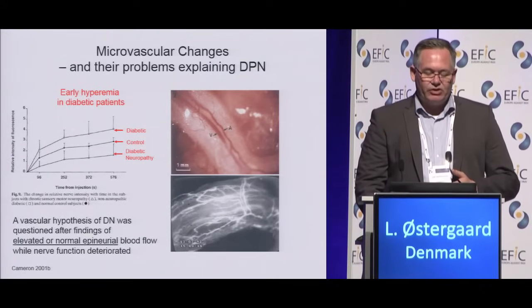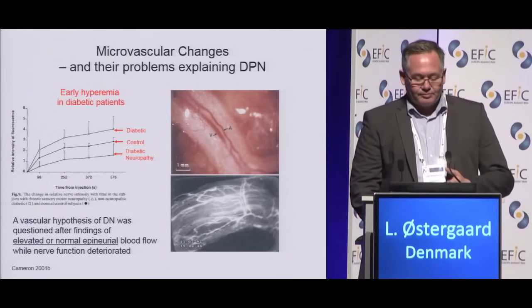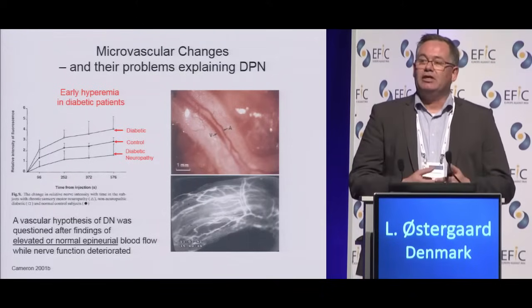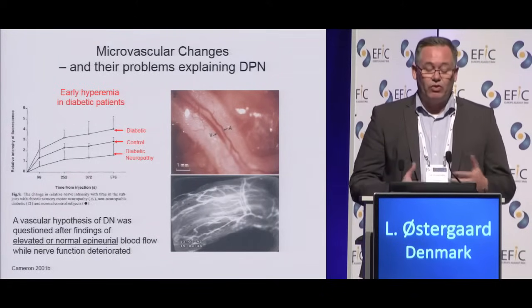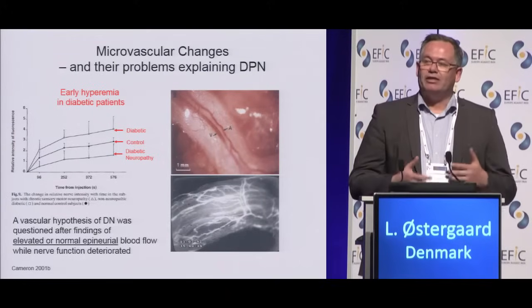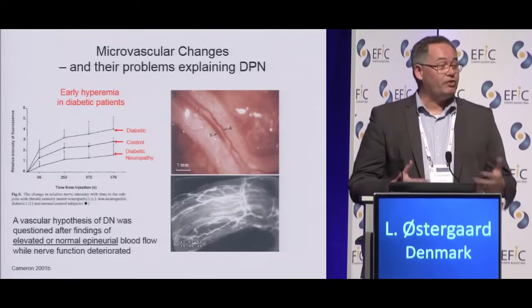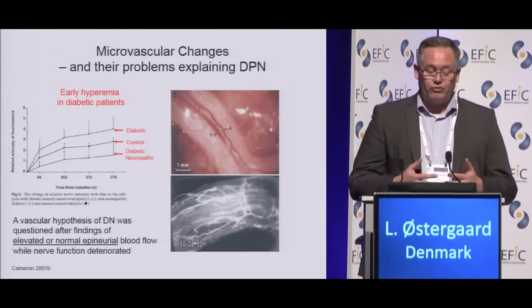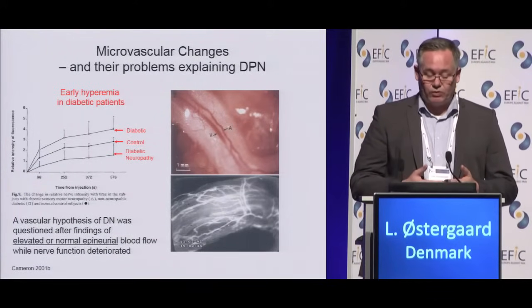But instead, it turned out that blood flow was increased in early diabetic patients as opposed to reduced. And you could also see patients who actually had developed symptoms who had a normal blood flow, and that doesn't match well with our understanding of textbook physiology. You would expect there to be a reduced flow for vascular problems to be the cause.